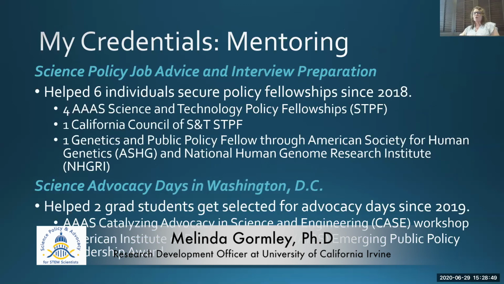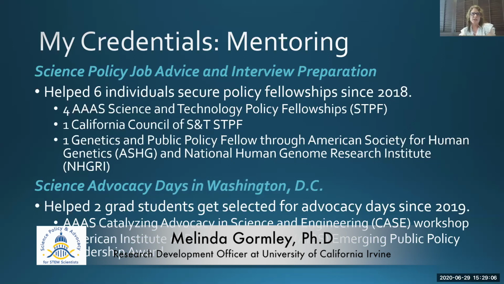In terms of my credentials, one of the things I've spent a lot of time on in the past 3 to 4 years is mentoring students and individuals who want science policy job advice and help preparing for interviews.